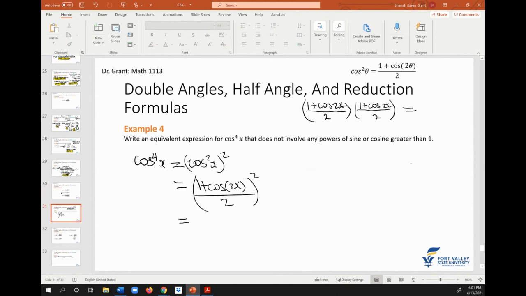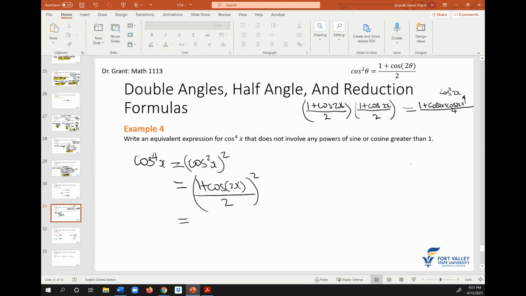1 plus cosine 2x divided by 2. So then you FOIL the numerator, of course. This becomes 1 plus cosine 2x plus cosine 2x, and then we'll have cosine squared 2x over 4.